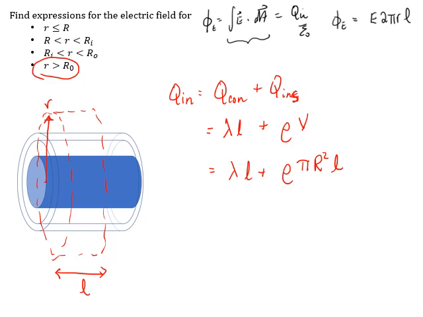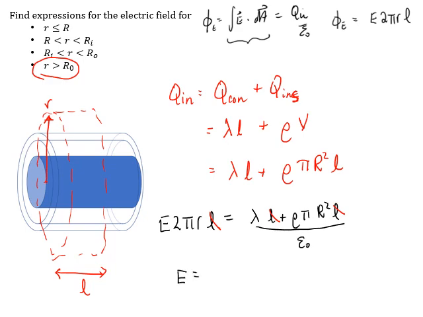Let's put this in our Gauss's law expression. The net electric flux is E times 2 pi r times the length equals our net charge enclosed, which is lambda times L plus rho times pi times r squared times L divided by epsilon naught. We only get a little bit of cancellation here. If we divide both sides by L, we have that in every term, so they cancel. Then we'll divide both sides by 2 pi r.